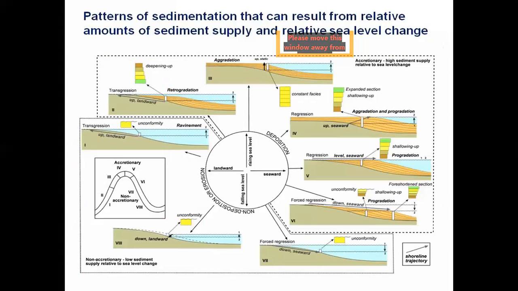So here you can see all these figures, how it happens. And the question that you have asked, you can see it here again. Retrogradation is the sequence here, where shallow water deposits are overlain by deep water deposits, deepening up.